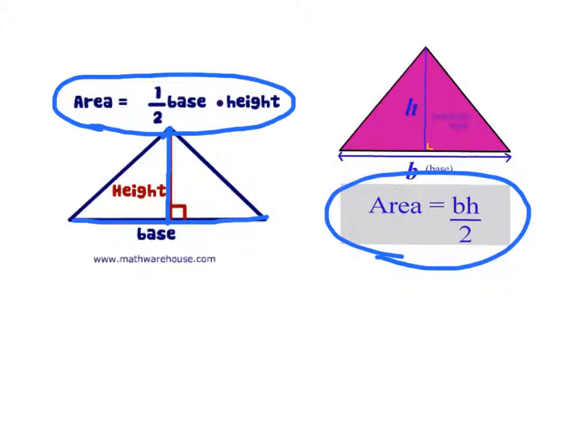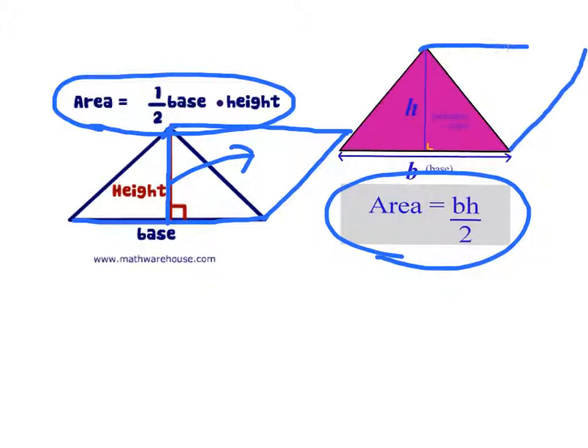If I was to draw this triangle, a copy of it, and then attach it, I have a parallelogram. See, I just took a copy of this, put it over there. Same here. If I take this triangle, make a copy of it, put the edge against this edge, I have a parallelogram. All right, so now let's do some calculations.